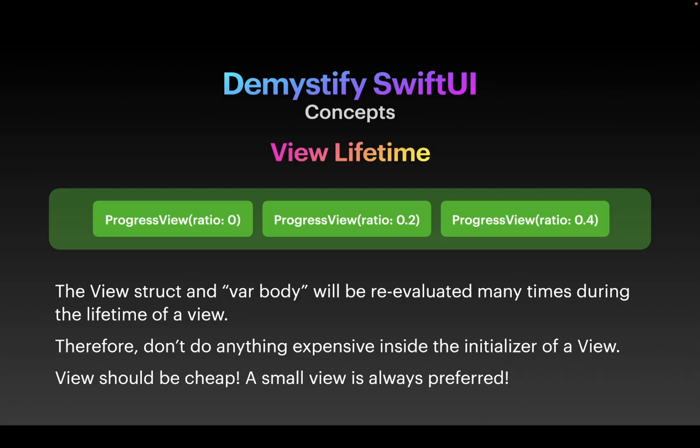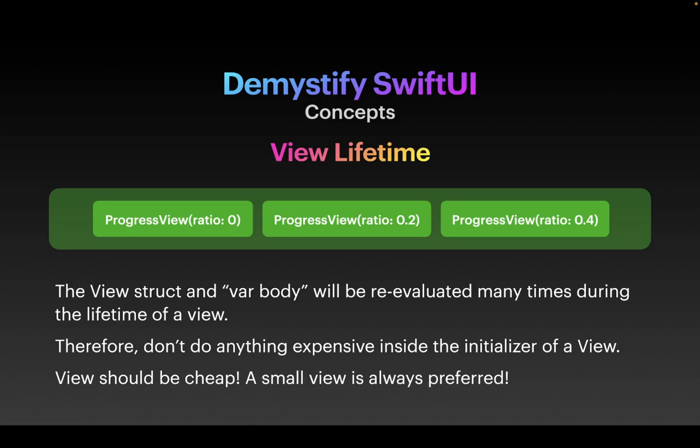So the takeaway is you shouldn't do anything expensive inside the initializer of a view, because it's going to be reevaluated again and again and again. And if you do something expensive, it can be a problem.